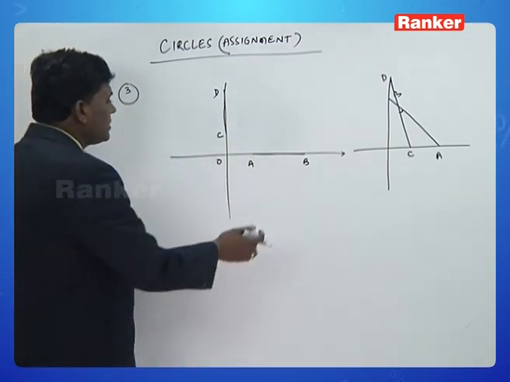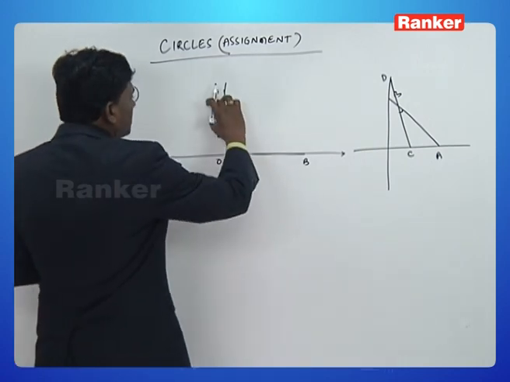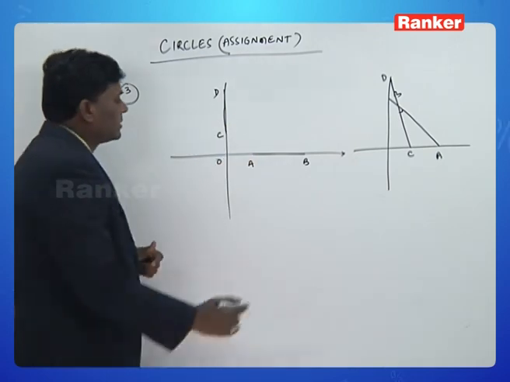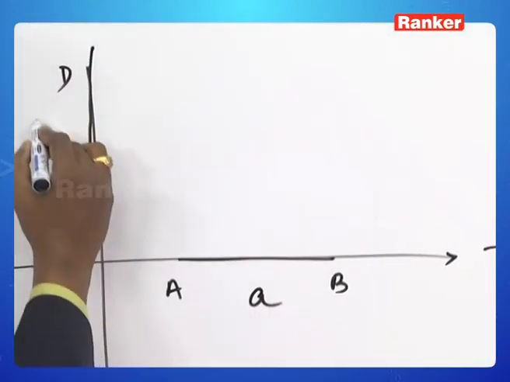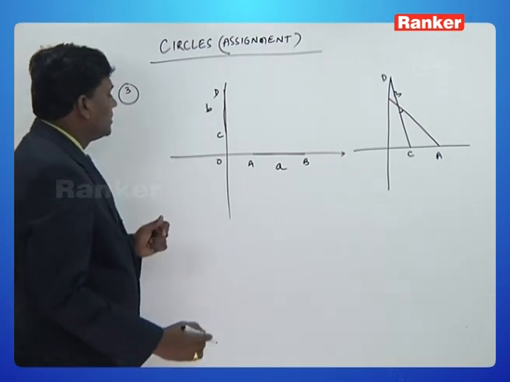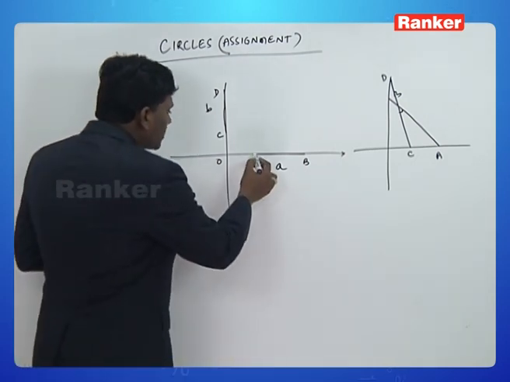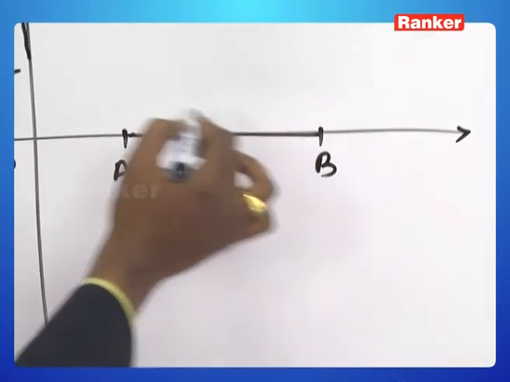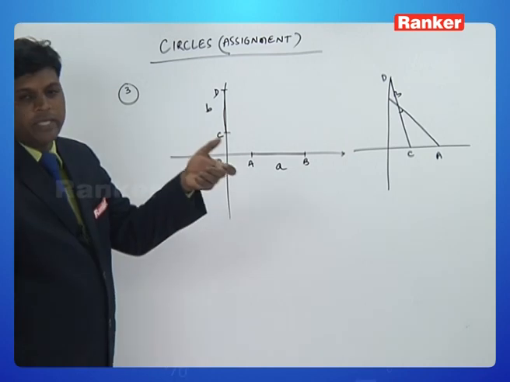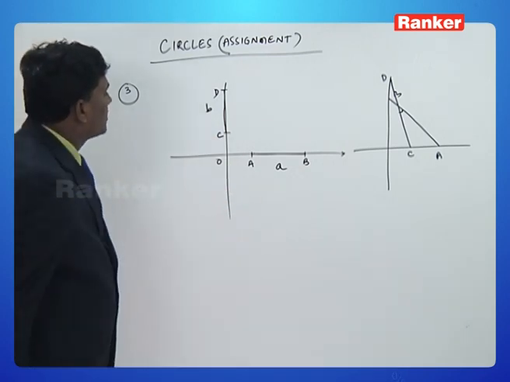So, let us imagine these two rods taking positions AB and CD at a particular moment, whose lengths are given as a and b respectively. Now, one more condition included in the question is that these rods are always moving in such a way that the 4 ends A, B and C, D are always concyclic.